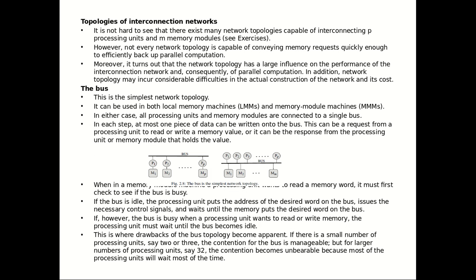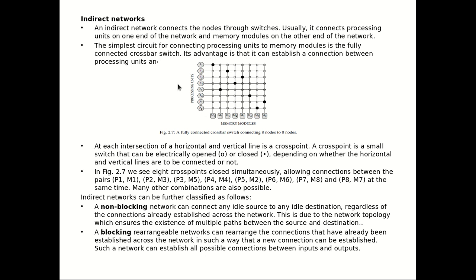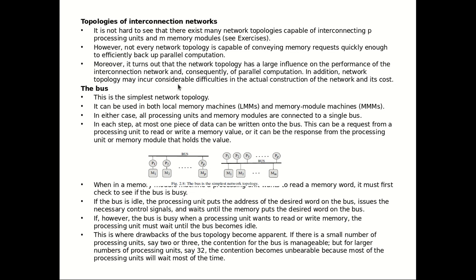Then we come to the topologies of interconnection networks. We'll start with the topologies available, but before that we'll see what topologies actually are. In some way or the other, the processing units are to be arranged. For that we might need topologies, just like we needed them while we were doing computer networks.